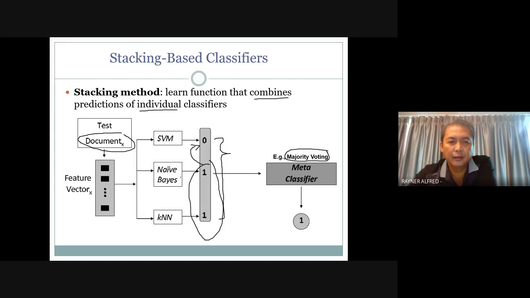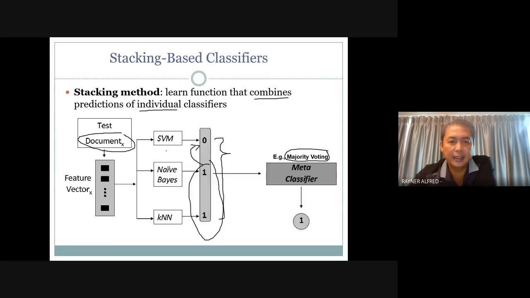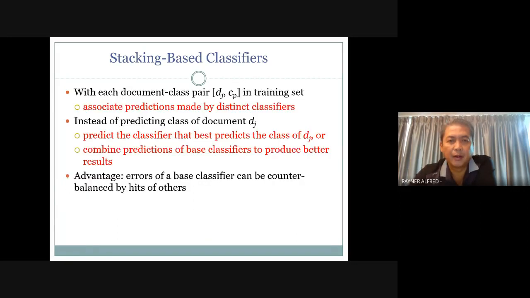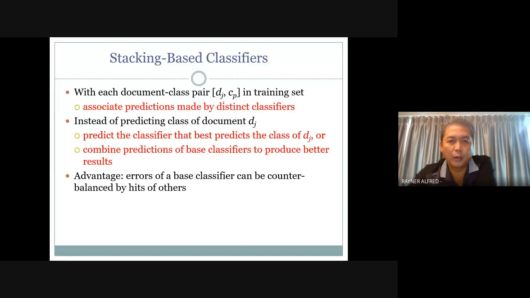Okay, so this is the training phase and this is the testing phase. Based on the diagram that we have here, what we want to do is have a document-class pair. So we have the document and then we have the class label.